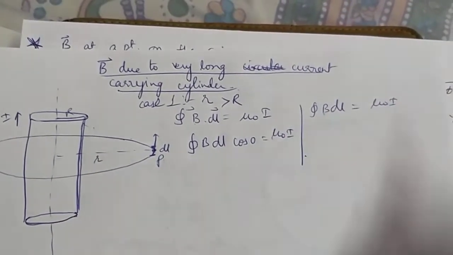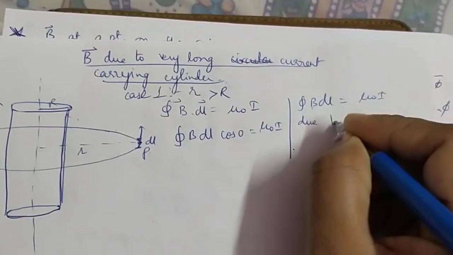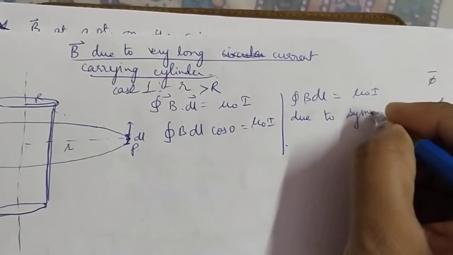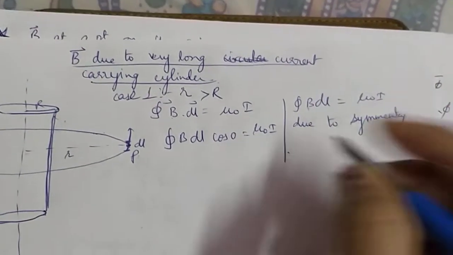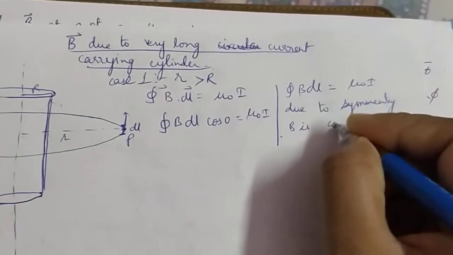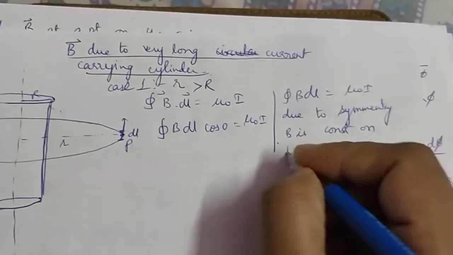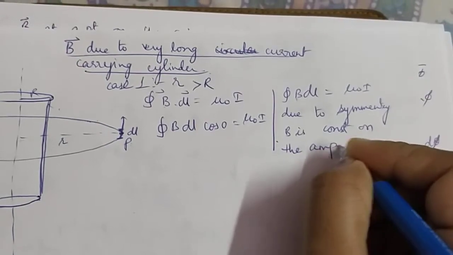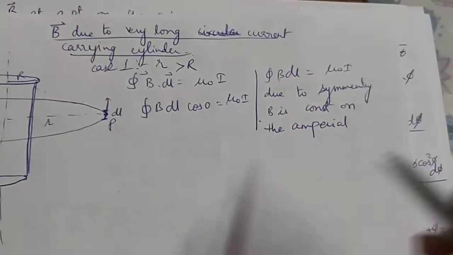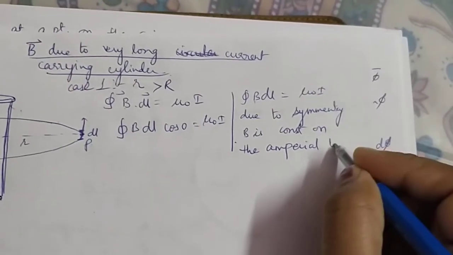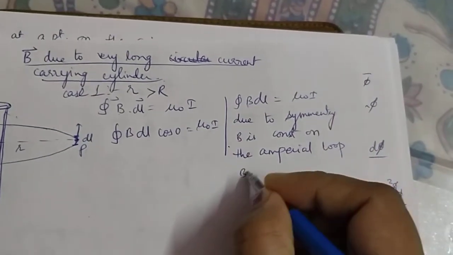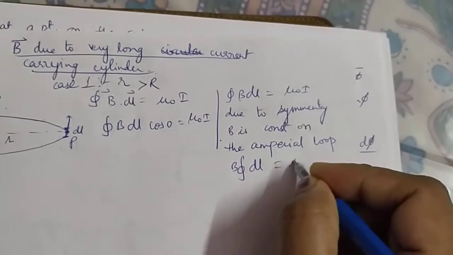So magnitude of B will be constant. So due to symmetry, this you need to write, okay, that due to symmetry B is constant on the Amperian loop. That is the reason we took the Amperian loop to be circular symmetrical. Okay, so you can take B outside this integral, and then you have mu naught I.